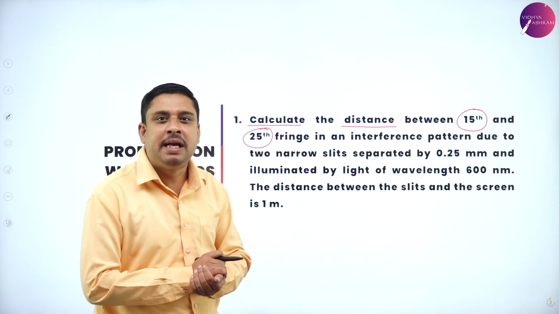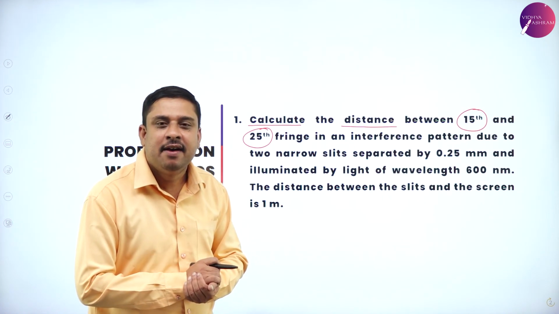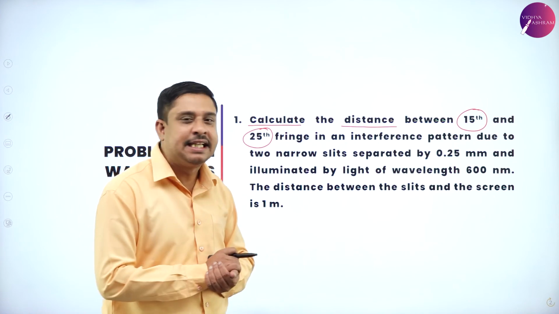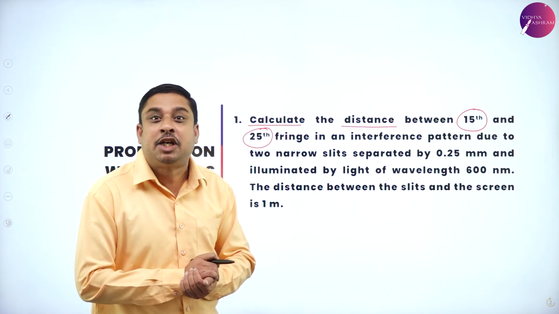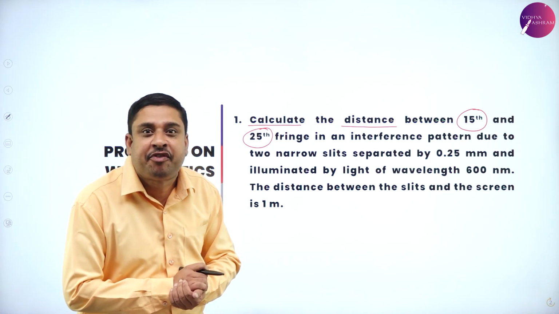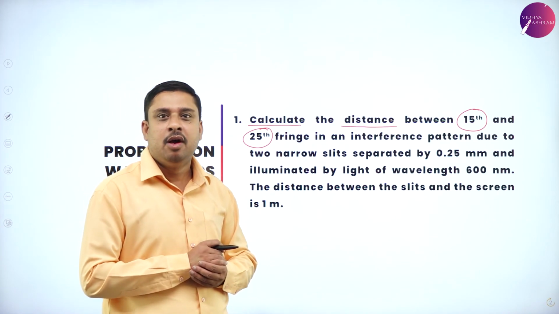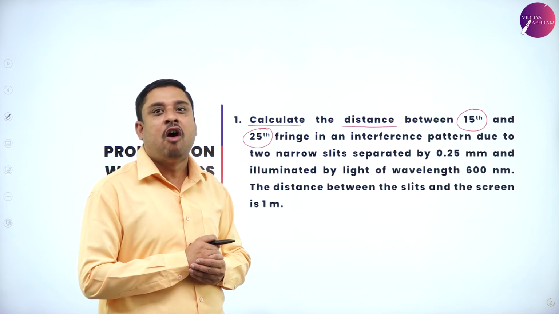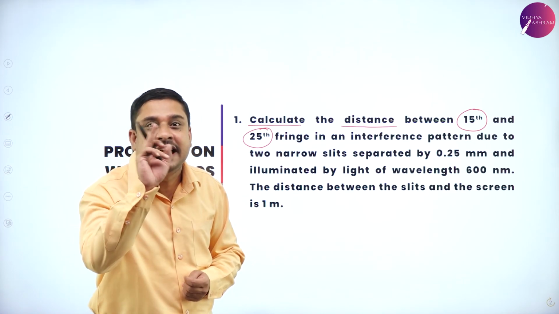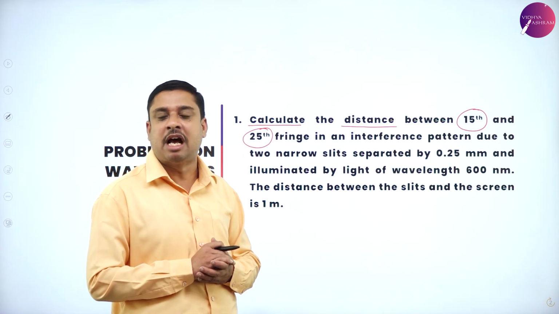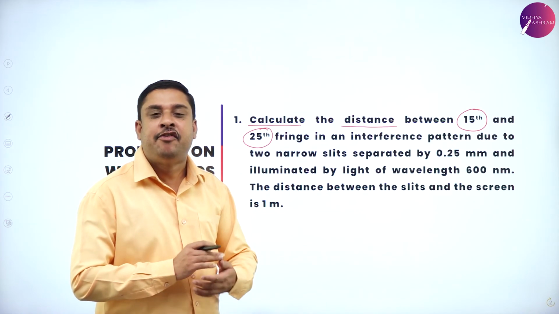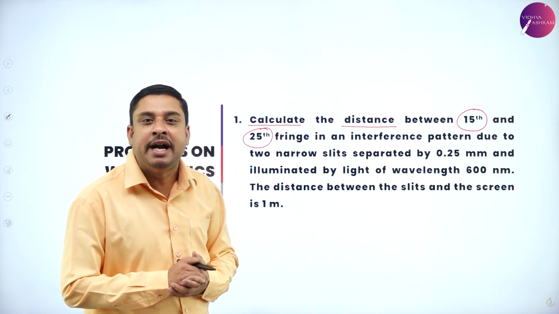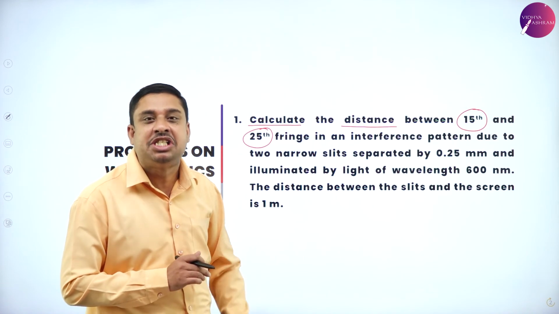Analyze this statement. He is simply saying 15th and the 25th fringe. Whether it is a bright fringe or a dark fringe, it is not mentioned. Right? 15th and 25th fringe.